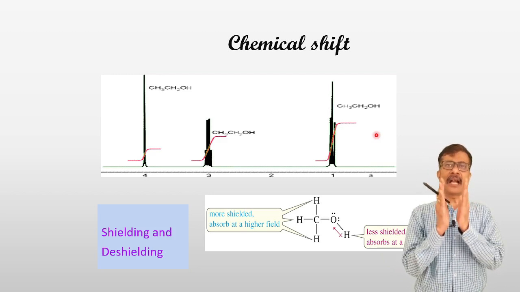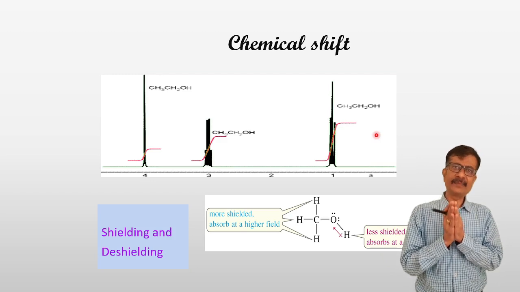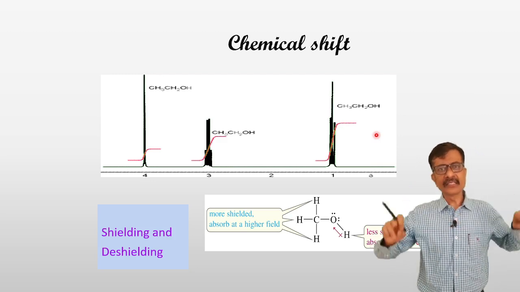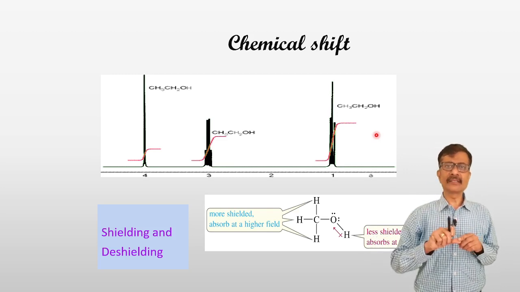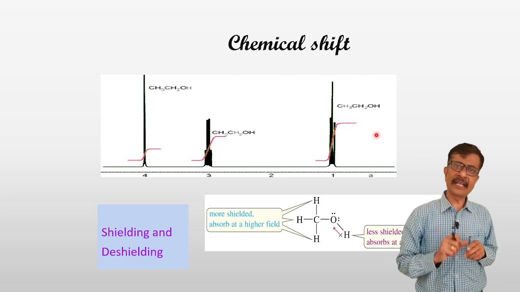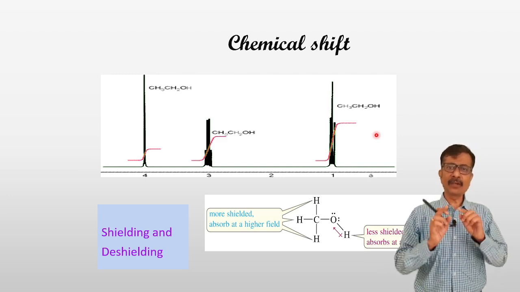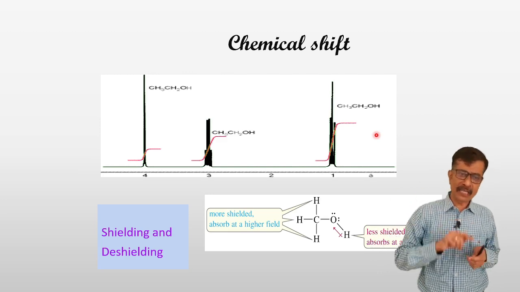When we consider a hydrogen atom, its nucleus is a proton. At the same time, that hydrogen atom is surrounded by electrons. When that hydrogen nucleus is spinning, it shows magnetic property. At the same time, because the surrounding electrons are also charged particles, they will also have a circular motion.